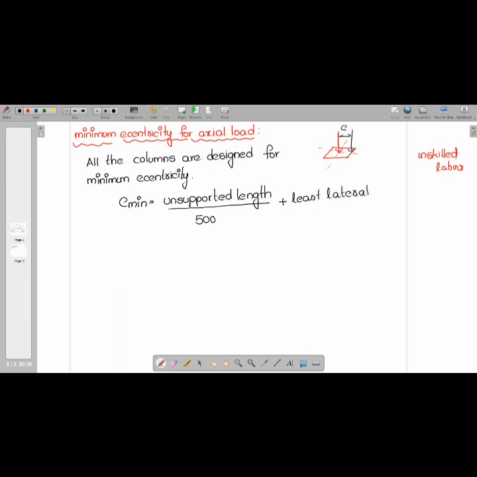This is an important formula. Immediately Rohit will ask me, sir, what is unsupported length?